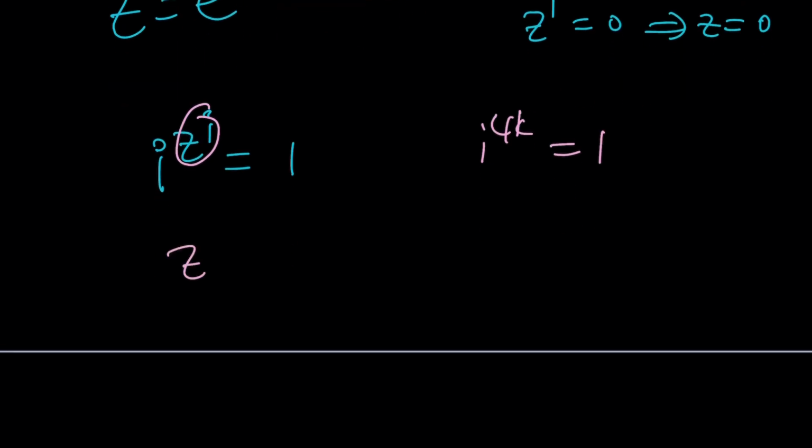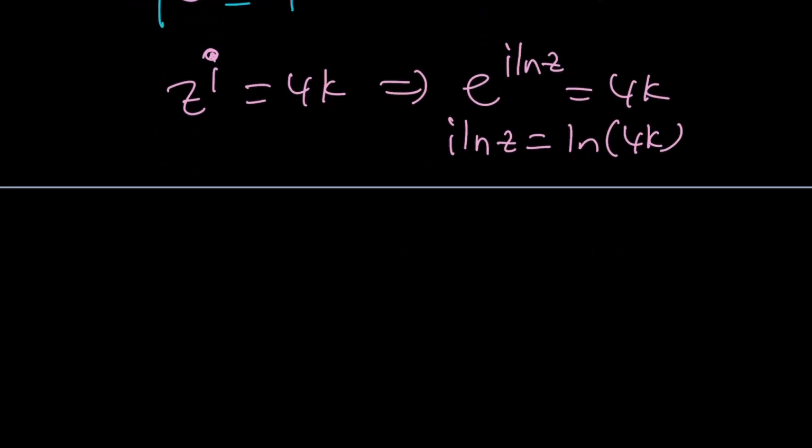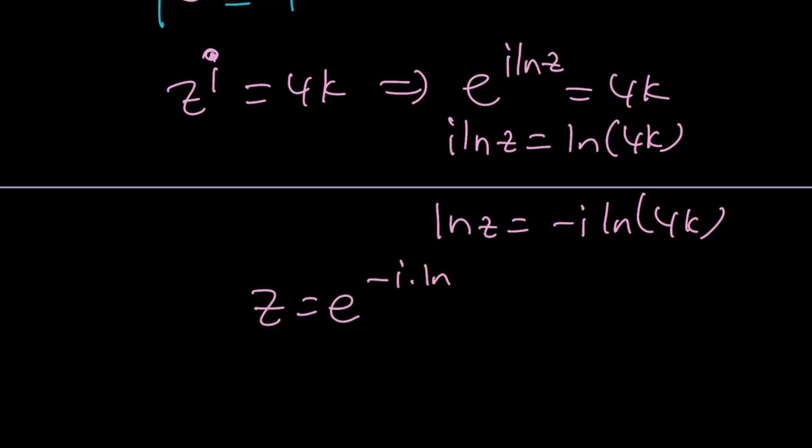So can z to the i just be equal to 4k? Then this would be satisfied. That would mean that e to the i ln z equals 4k, and then i ln z equals ln 4k. And then from here, you would get ln z equals negative i ln 4k, and then z would be e to the power negative i ln 4k.